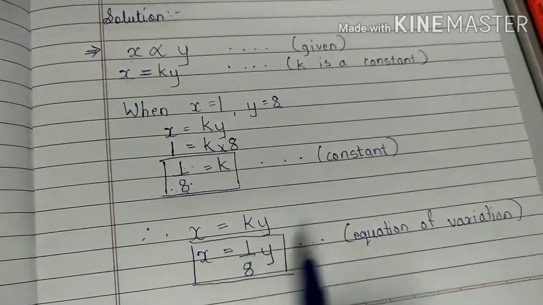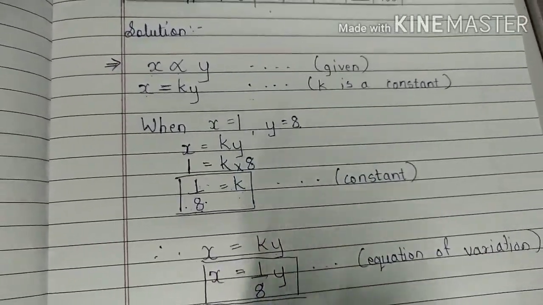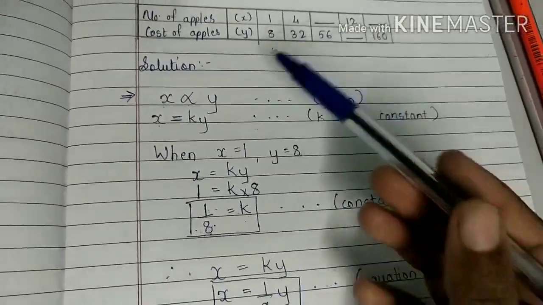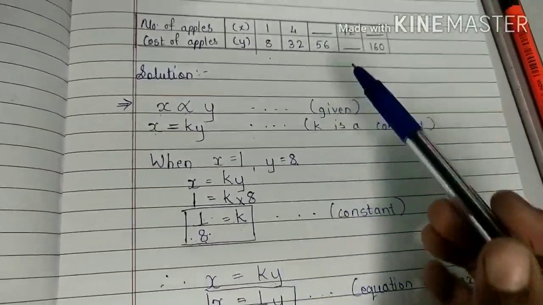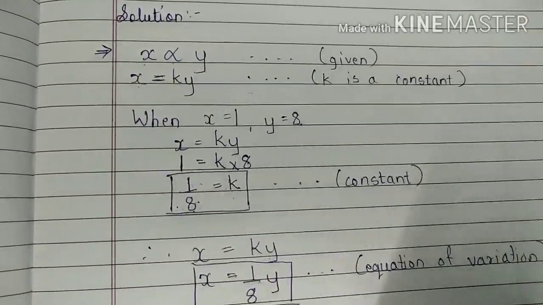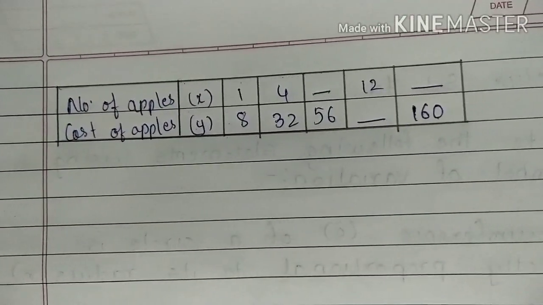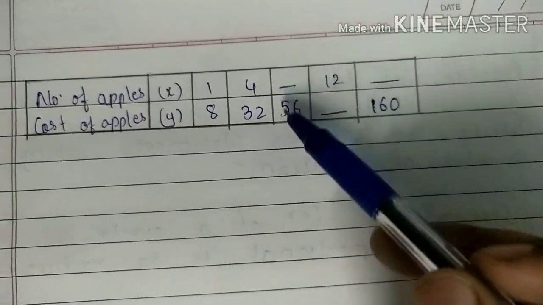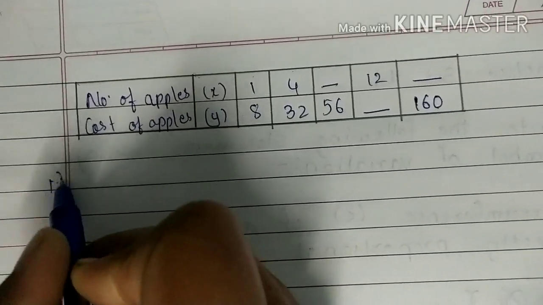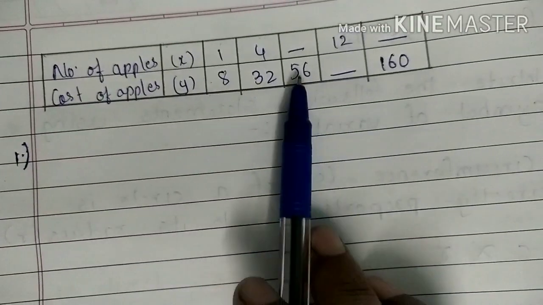So this became the equation of variation for this particular sum. This is only for this sum. Okay, now we'll see how we are going to use them in the sum. So we'll move on to the first column that we have to solve. So I can write here number 1, because this is the first sum.